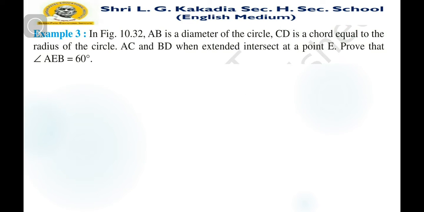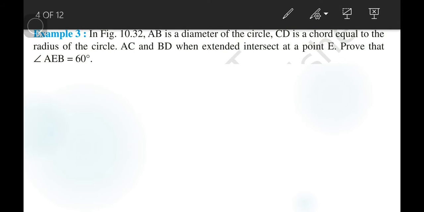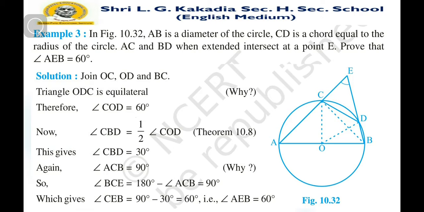Example number 3. In figure 10.32, it is given that AB is a diameter of a circle. CD is a chord equal to the radius of the circle, which means it is half of AB.